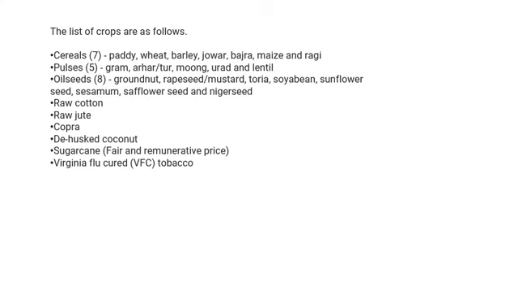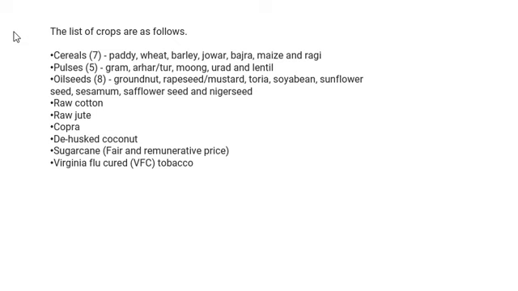The list of crops for now is 23. That is, 7 cereals, 5 pulses, and 8 oilseeds. Totally we have 23 crops. And these are, as we can see here: paddy, wheat, barley, jowar, bajra, maize and ragi.